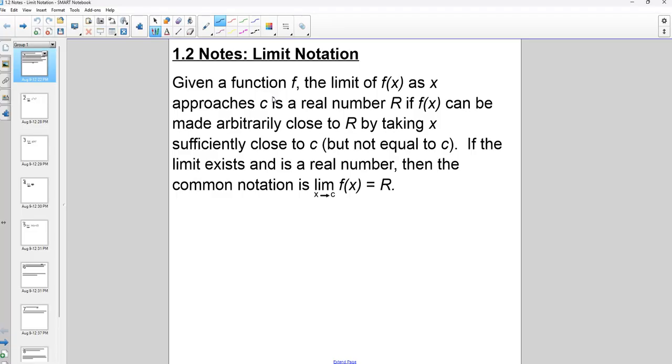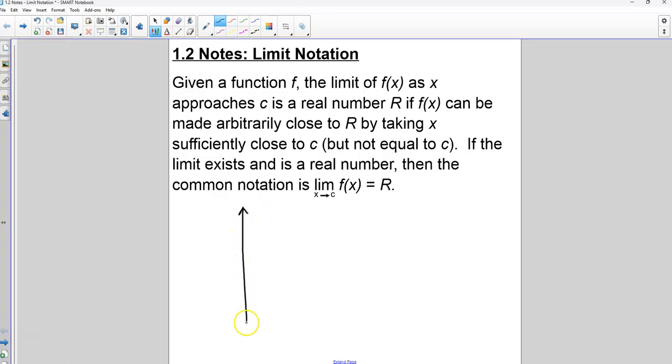But what I want us to do is draw a graph for it to help us see kind of what it's talking about here. So I'm going to do a first quadrant graph because the first quadrant is the easiest place for us to graph. And we're talking about x and f of x. So I'm going to label this axis right here as x, and I'm going to call this one right here f of x.